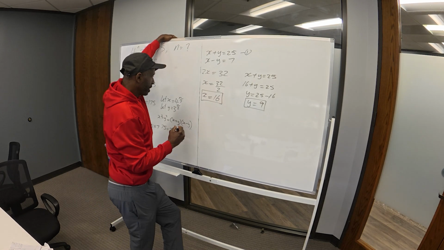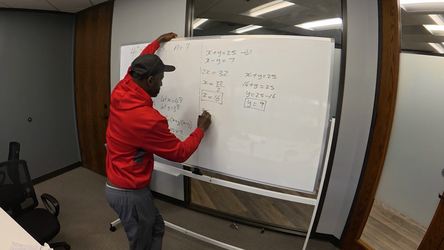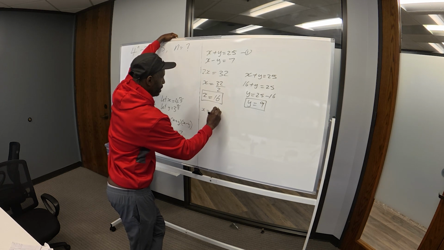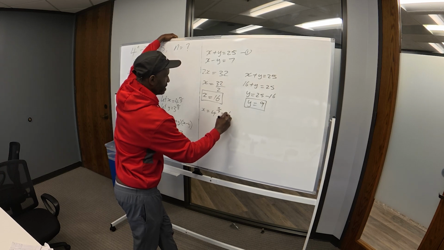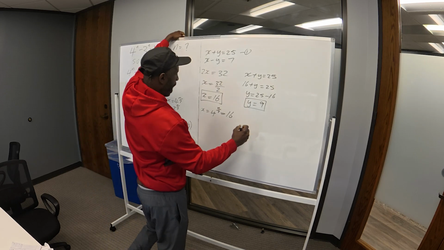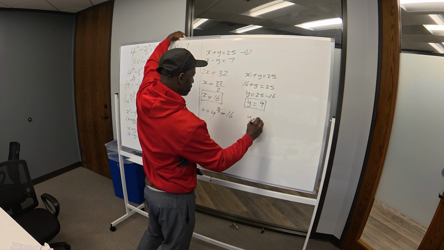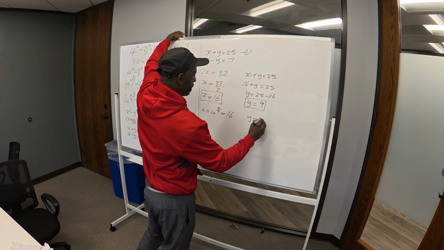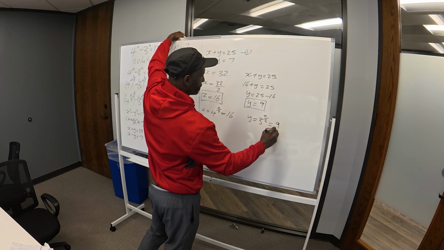But let's recall that x was equal to 4^(n/2), and that equals 16. And y is equal to 3^(n/2), and that equals 9.